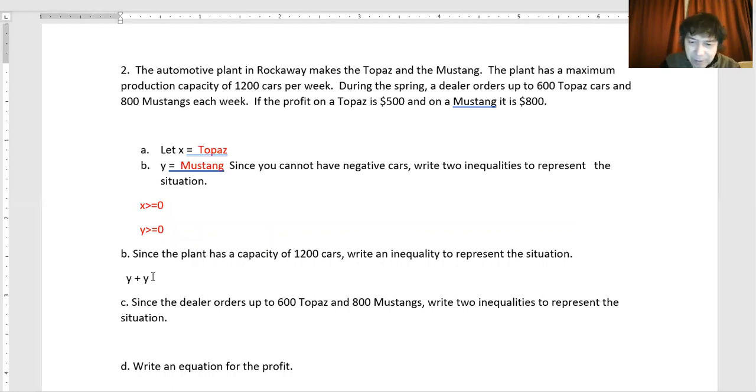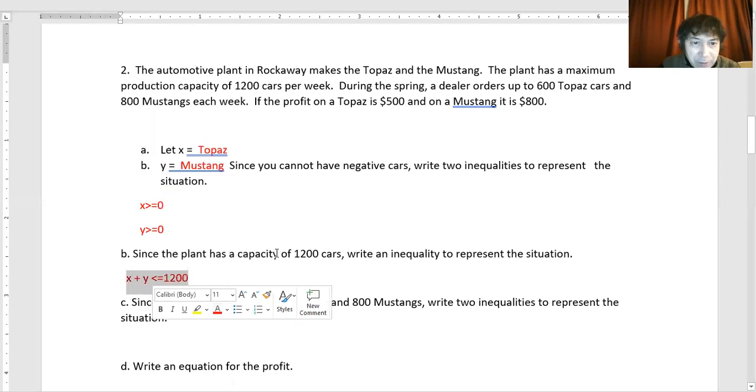X, this should be a small x like that. And so this cannot exceed 1,200 cars, so less or equal to 1,200 cars there. And this must be the required inequality. So this is our inequality. Let's just color it red.